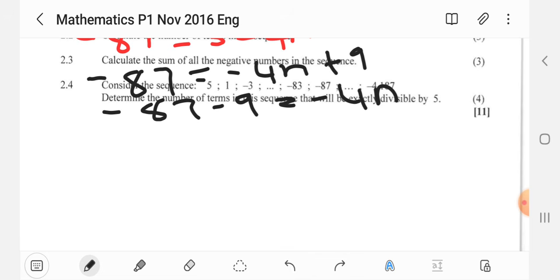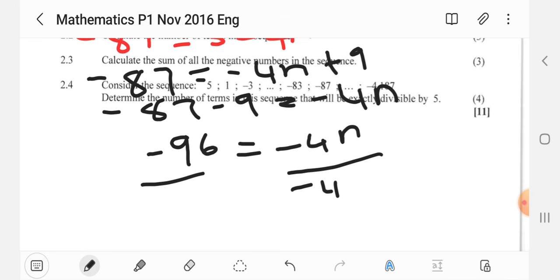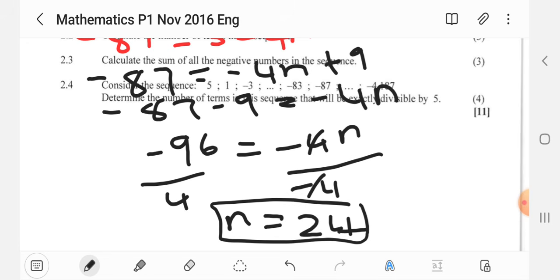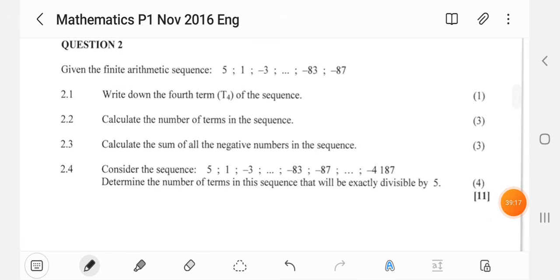So now it's -9 here. That will give us -96 equals -4n, and then we divide by -4 to get rid of it, and then n equals 24. So meaning we have 24 numbers or positions in this pattern. So -87 is term number 24.